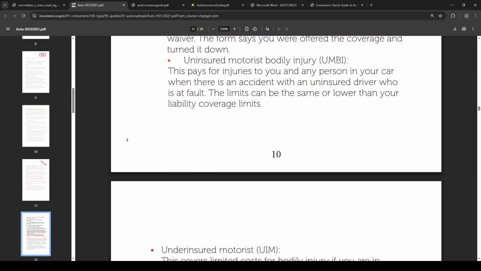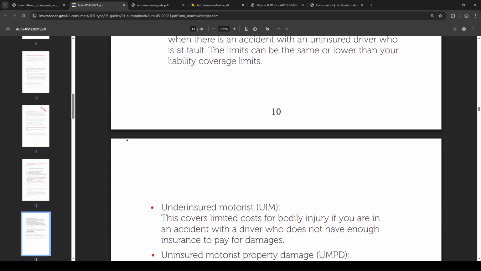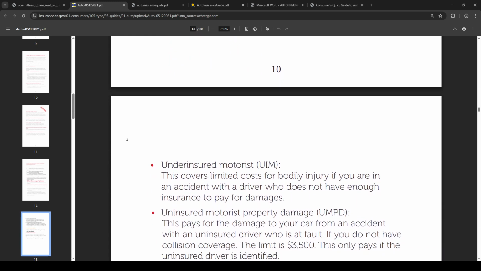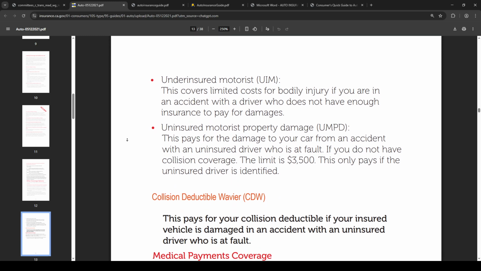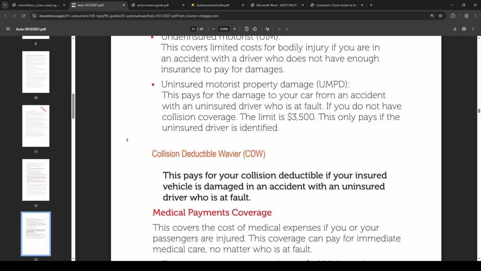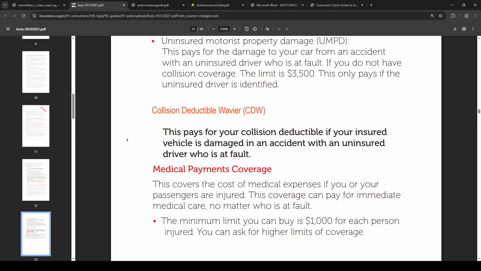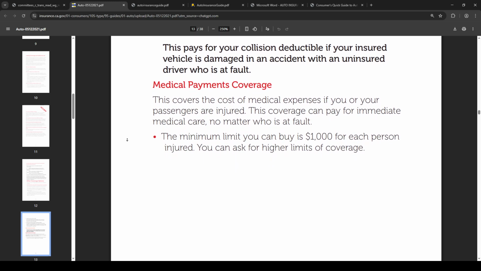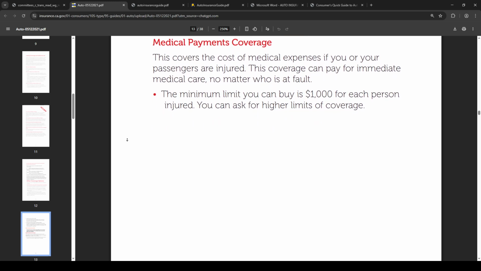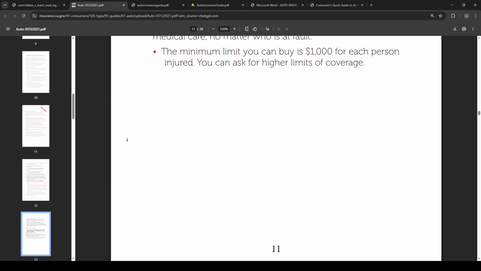So how do you decide between 100, 300, 250, 500, and 500, 500? Use a simple framework. Match your liability coverage to what you need to protect. If you have minimal assets and minimal income, you may feel that 100, 300 is sufficient.